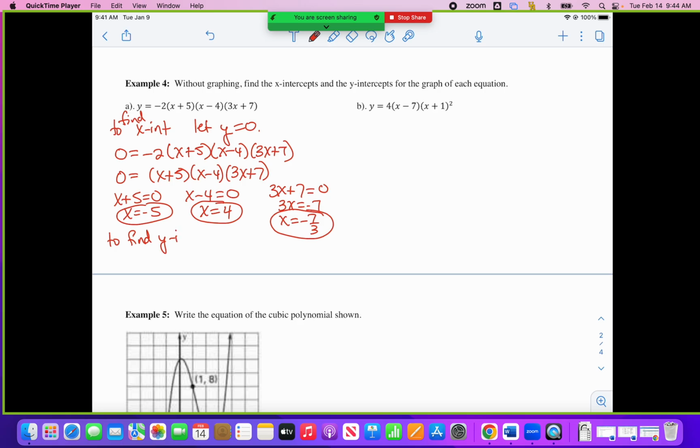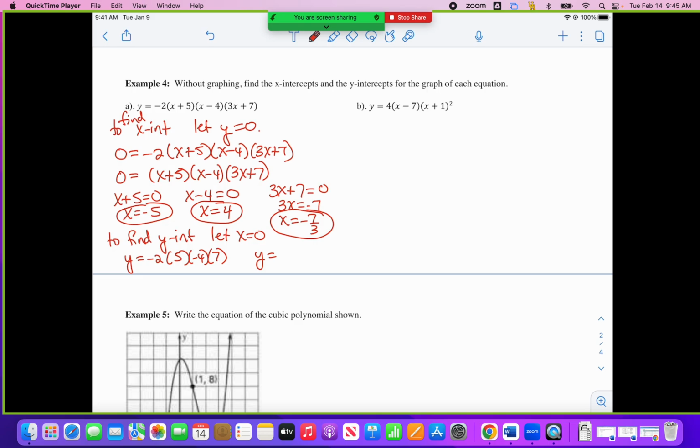To find a y-intercept, what do we do? Good job. Let x equal 0. So you go negative 2, that's 5 times negative 4 times 7. So use your calculators.